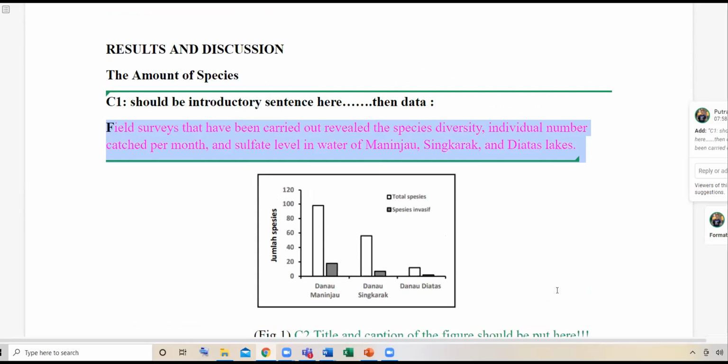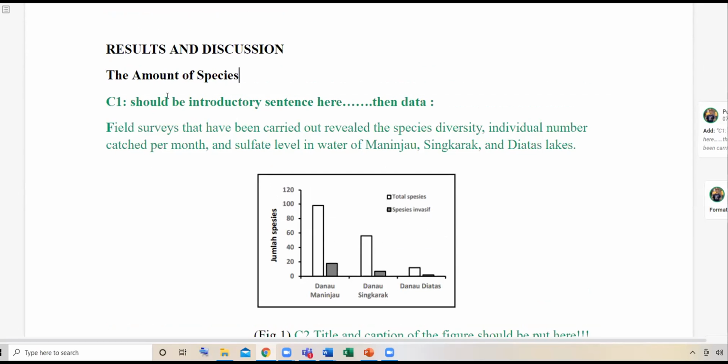For example, after we put the amount of species as the subsection data title, then we can put the sentence: Field surveys that have been carried out reveal the species diversity, individual numbers scattered per month, and sulfate level in waters of Maninjau, Singkarak, and the other lakes. That's the kind of introductory sentence.